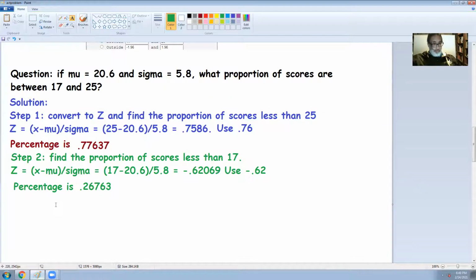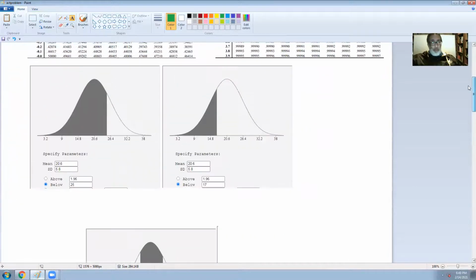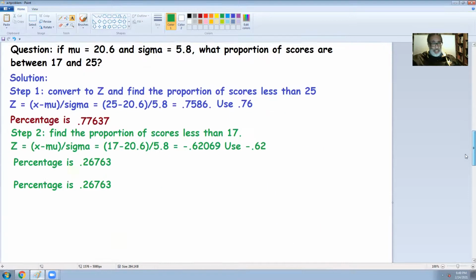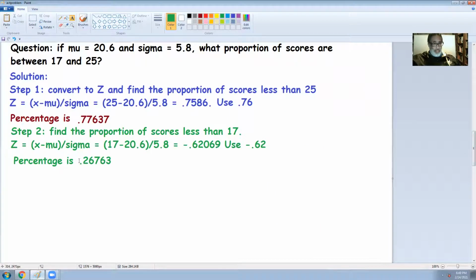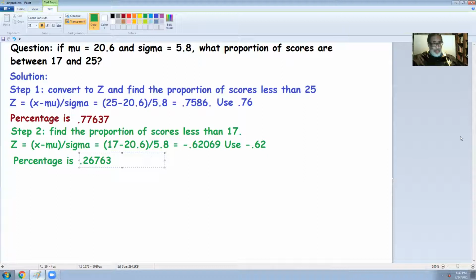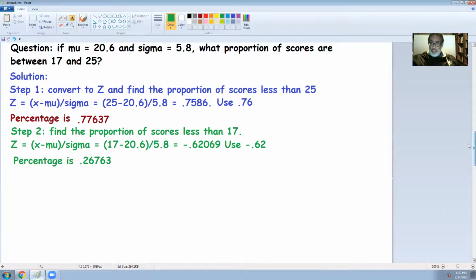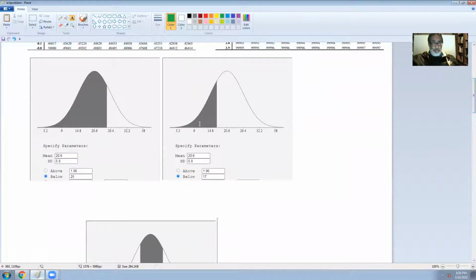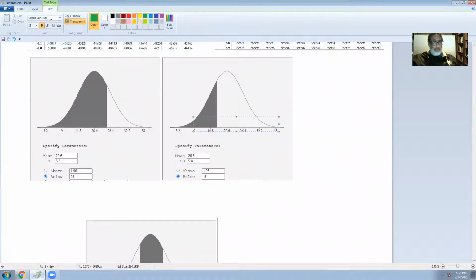Okay. Now remember, what you're really calculating is this part right here. In fact, I'll go ahead and copy this, 0.26763, so you can see it on the diagram.